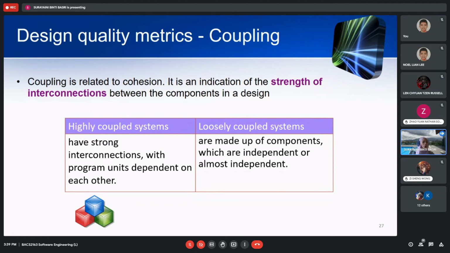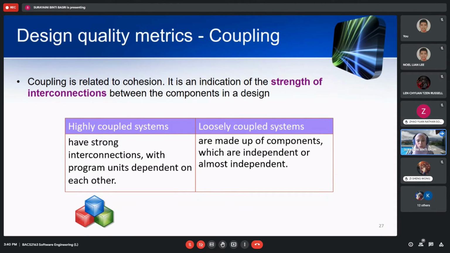Even though they are from two different subsystems and logically they are not doing the same things, they are dependent on each other. So it means that your system is highly coupled.